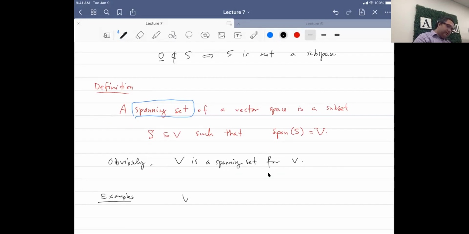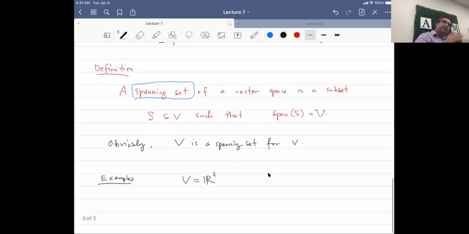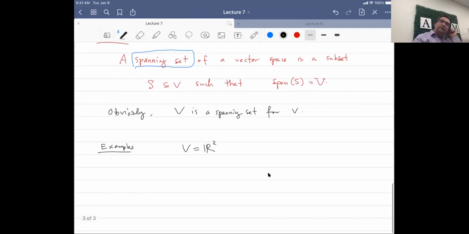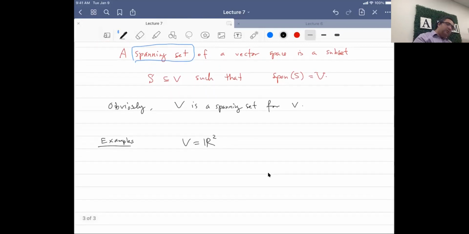Let's fix R2, just to practice this with geometrical two-dimensional vectors in the plane. Think about the following examples: which ones could be a spanning set, and which ones are not? Maybe the most obvious example is the set S with the canonical basis vectors, (1, 0) and (0, 1).